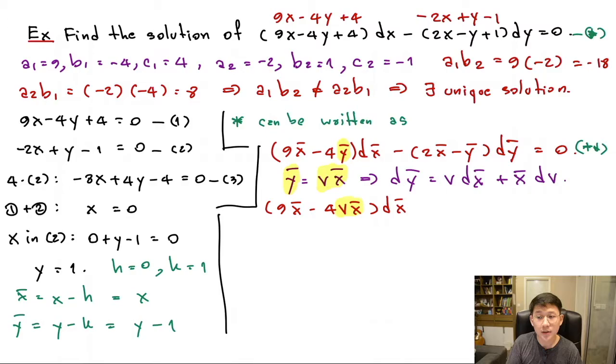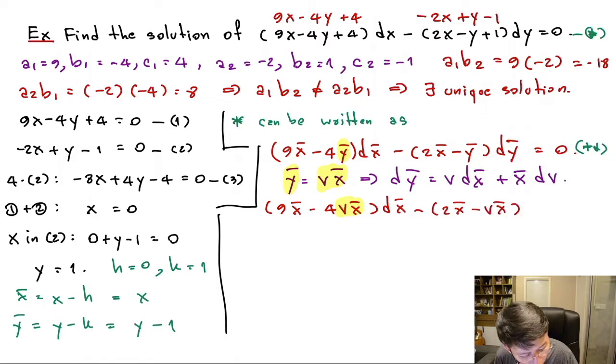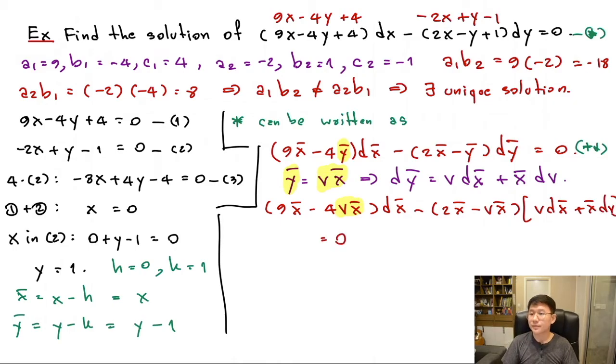Just substitute, right? And then minus 2x bar minus v x bar, the y bar is actually v, times v dx bar plus x bar dv, equals 0. Make sense?